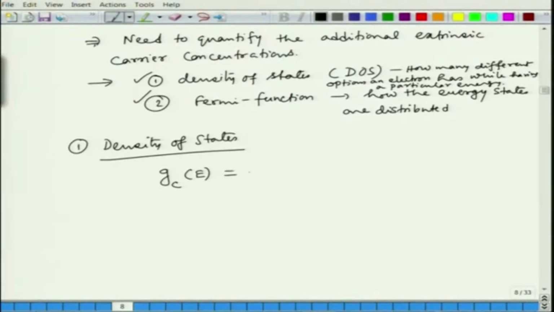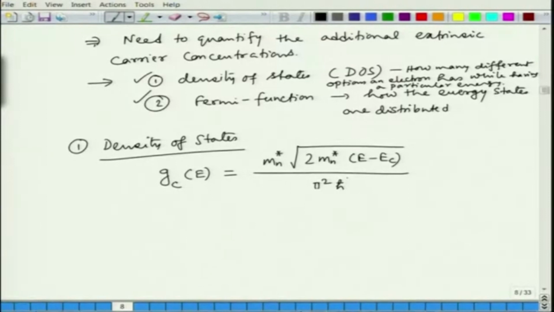So, if you want to quantify that, let me write it first. This is for E greater than or equal to E c.